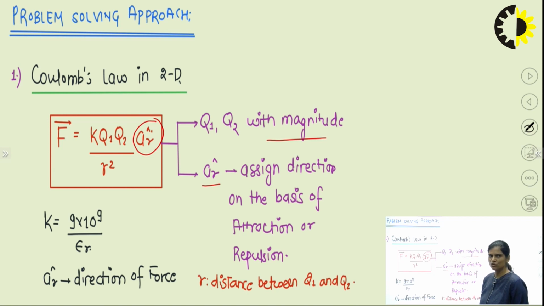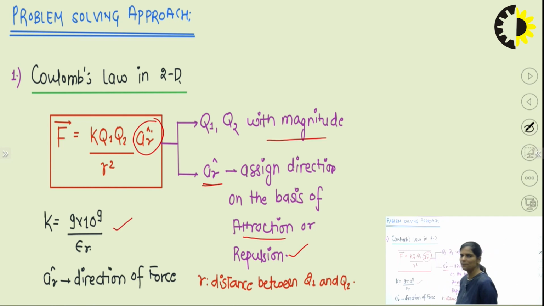If both charges are the same, there is a repulsion force; if the charges are unlike, there is an attraction, so you take direction accordingly. K is equal to 9 into 10 to the power 9 upon epsilon r, this is the direction of force, and r is the distance between the Q1 and Q2 charges. So this is Coulomb's law in 2D.